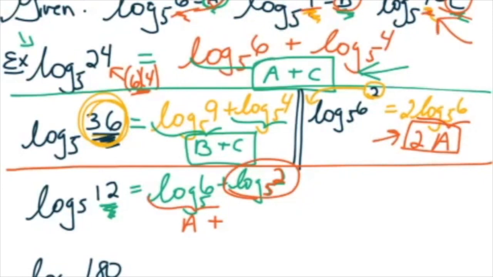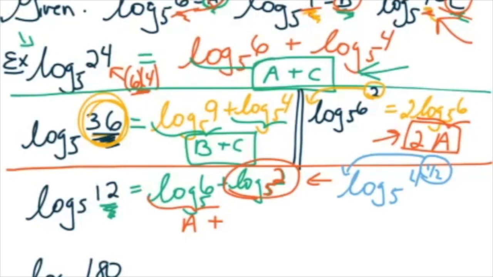But we do know that the square root of 4 is 2. So this could actually be written as the square root of 4. And remember, a half power is a square root. Maybe I should say that again. A half power is a square root. Well, that half power, just like the previous example, can flip out in front.